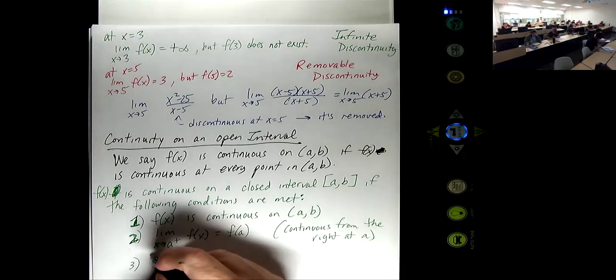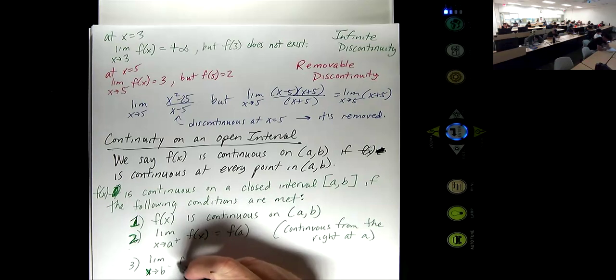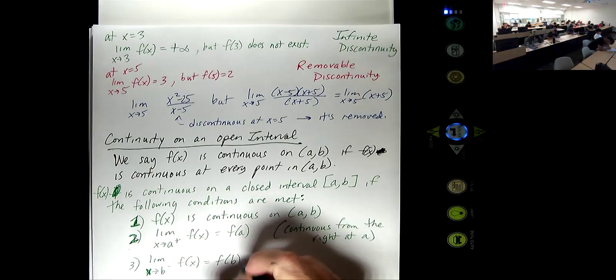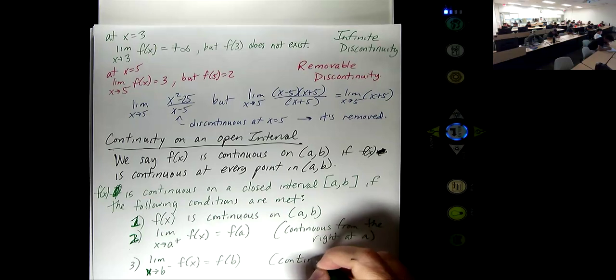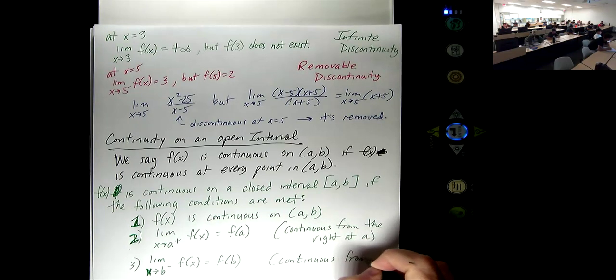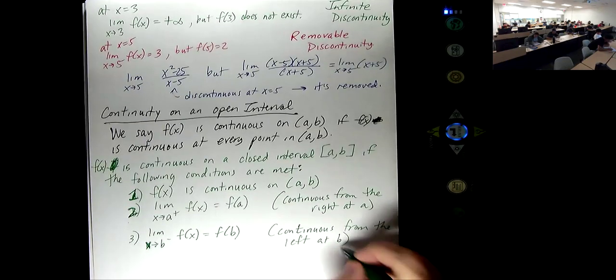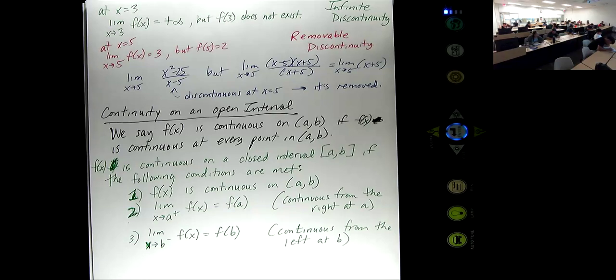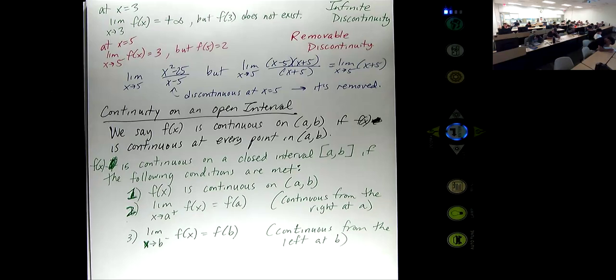And 3 is going to be about B. The limit as x approaches B from the left of f of x equals f of B. So continuous from the left at B. When you say from the right or the left, do you mean it goes from infinity to the point A or B?